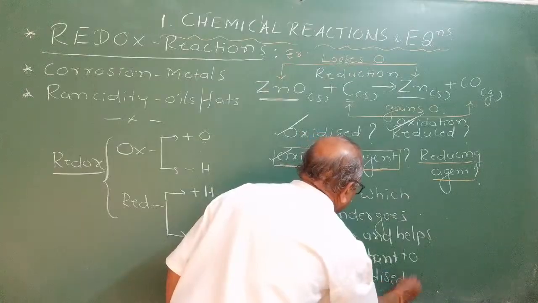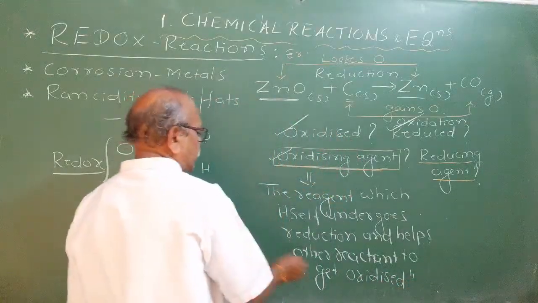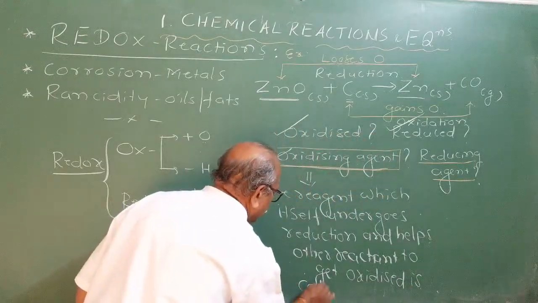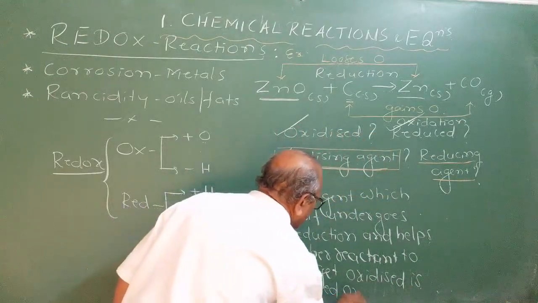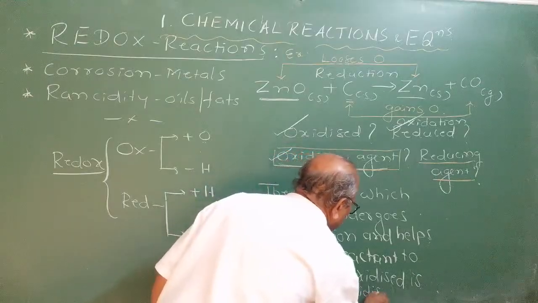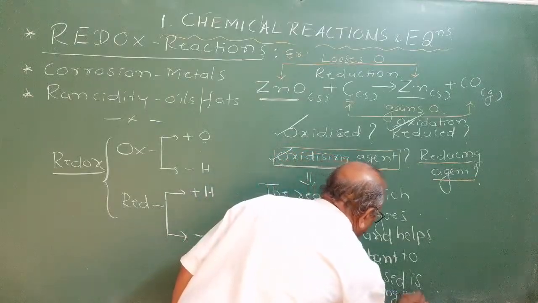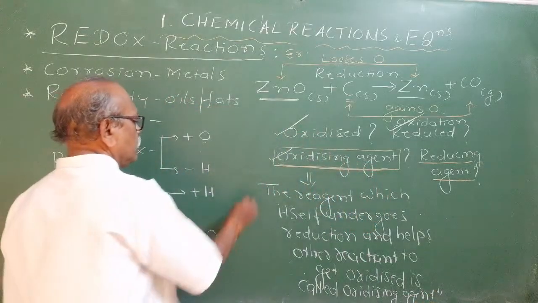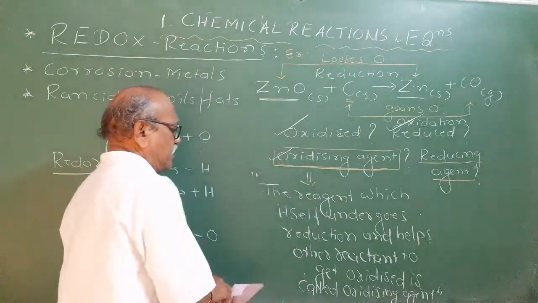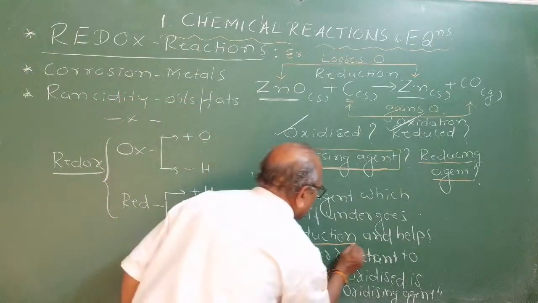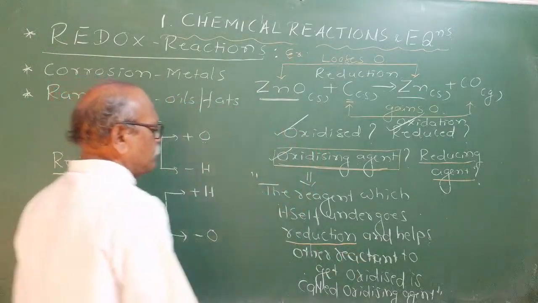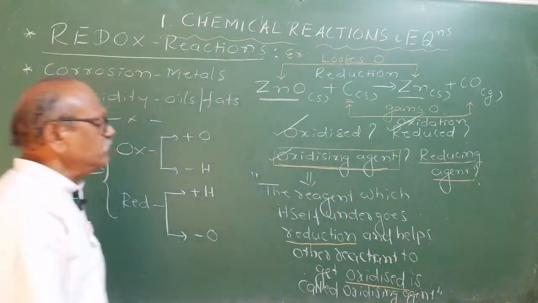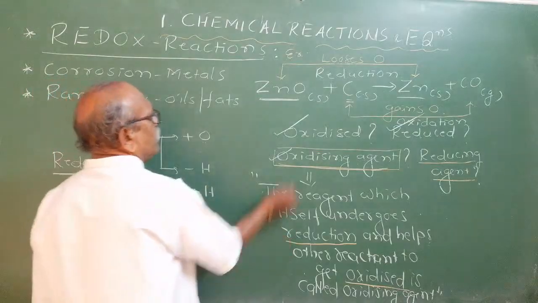Observe, note down the definition clearly. What is an oxidizing agent? The reagent which itself undergoes, underline the word reduction, and helps the other reactant to get oxidized. Now, which is undergoing reduction here?